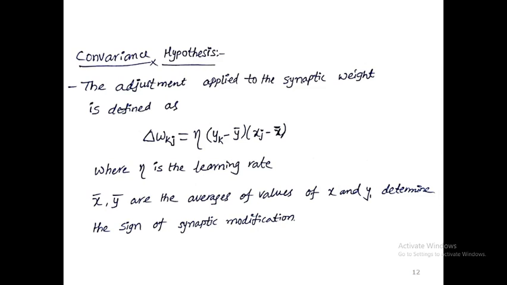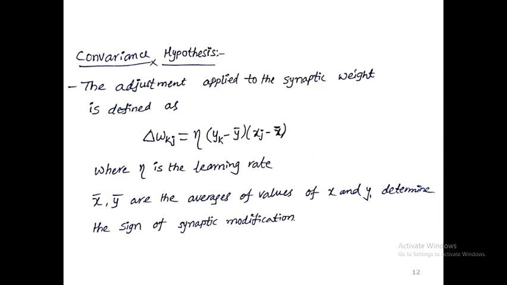As per this hypothesis, the adjustment applied to the synaptic weight is defined similarly, as the product of postsynaptic and presynaptic signals along with the learning rate, but a little different: delta Wkj is equal to eta into Yk minus y bar into Xj minus x bar.